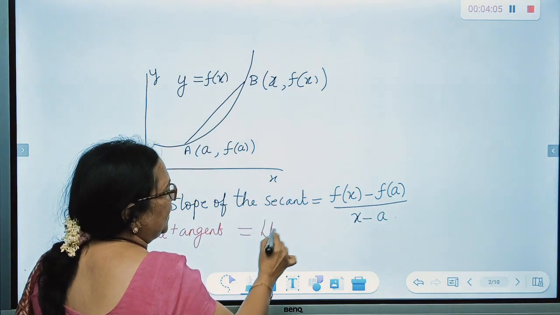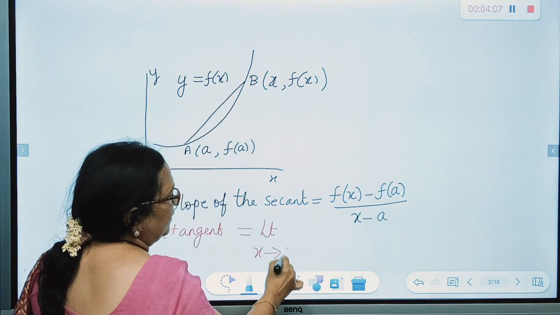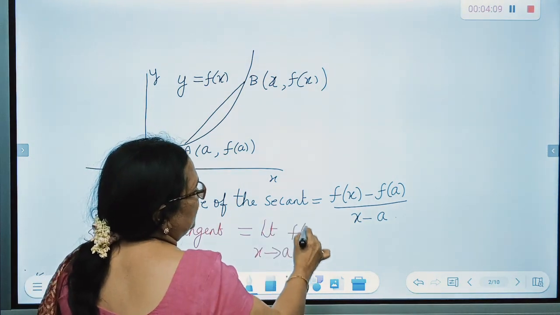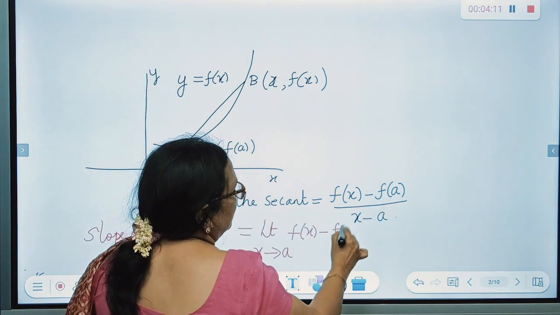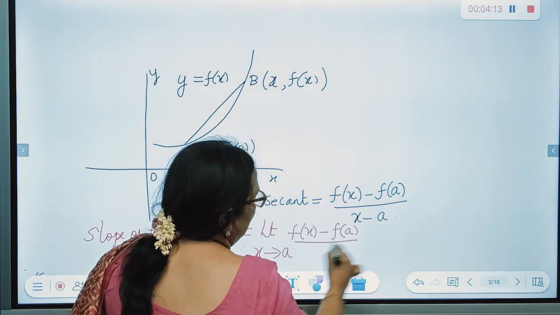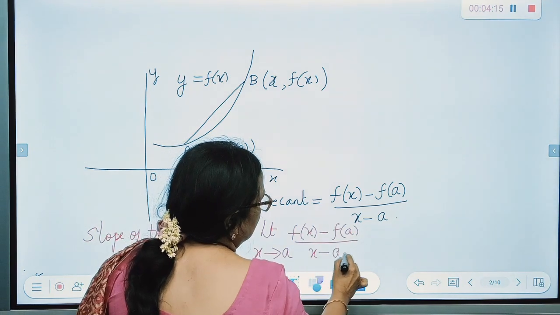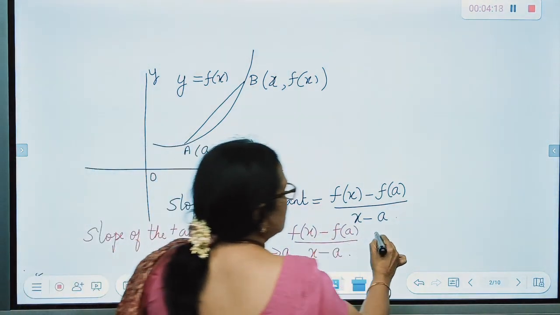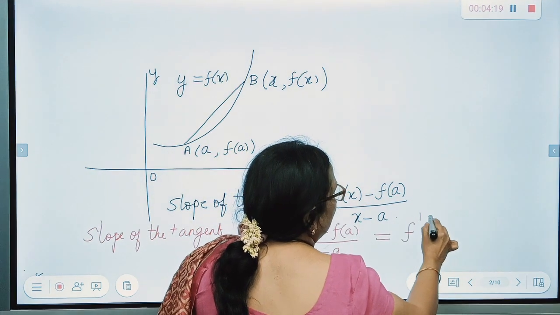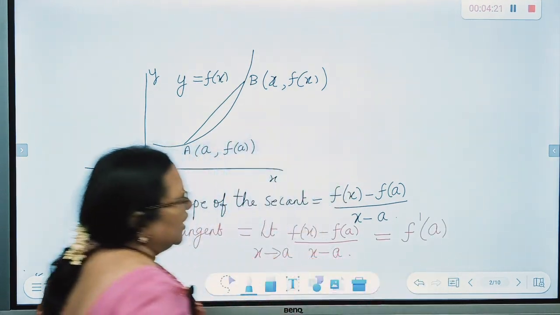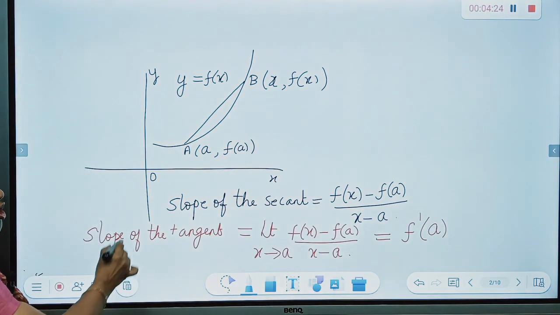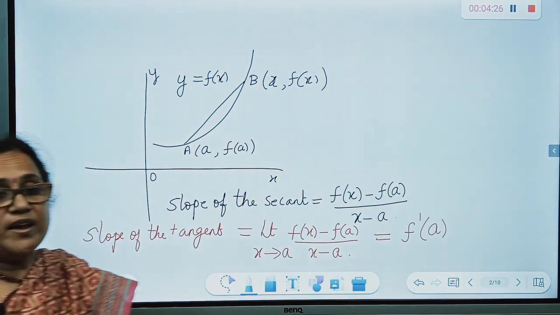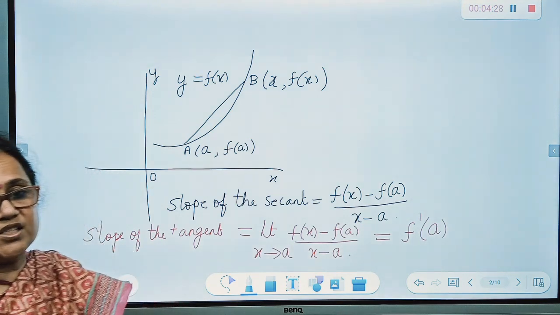What is the limiting case? Limit x tends to a, f of x minus f of a by x minus a. This is what we call f dash of a. F dash of a is nothing but slope of the tangent to the curve y equal to f of x at x equal to a.